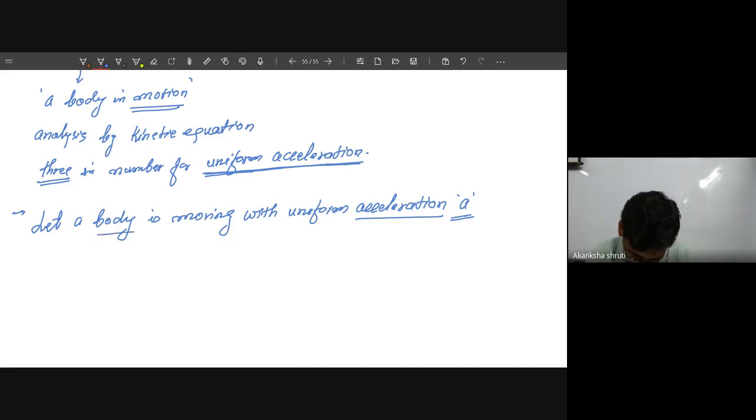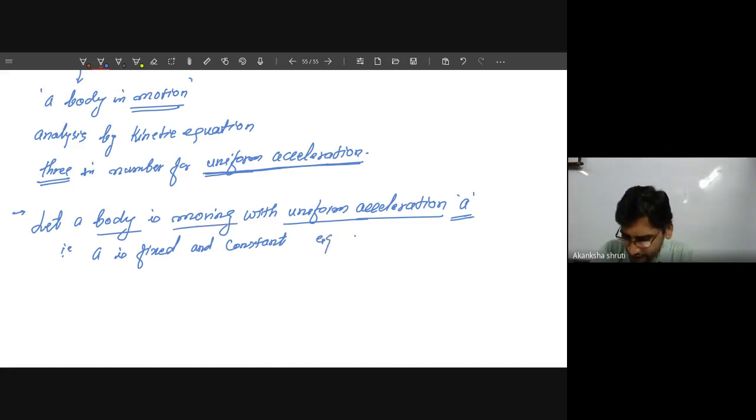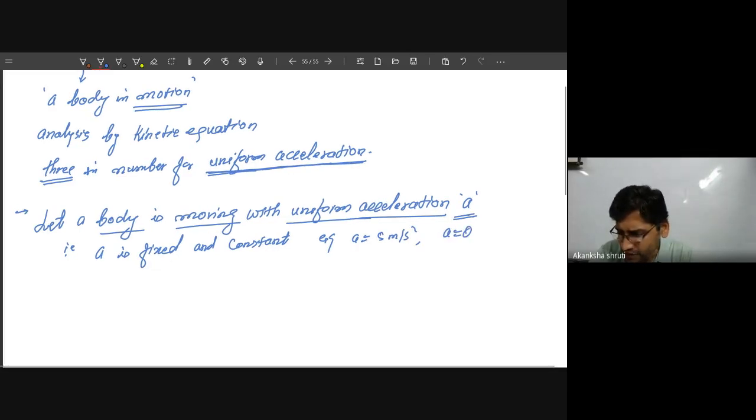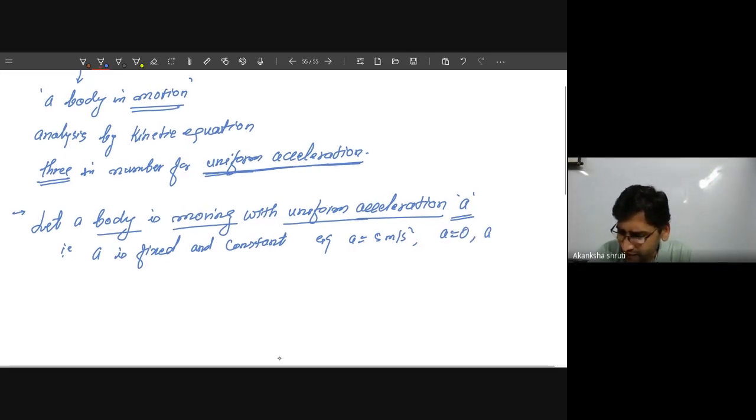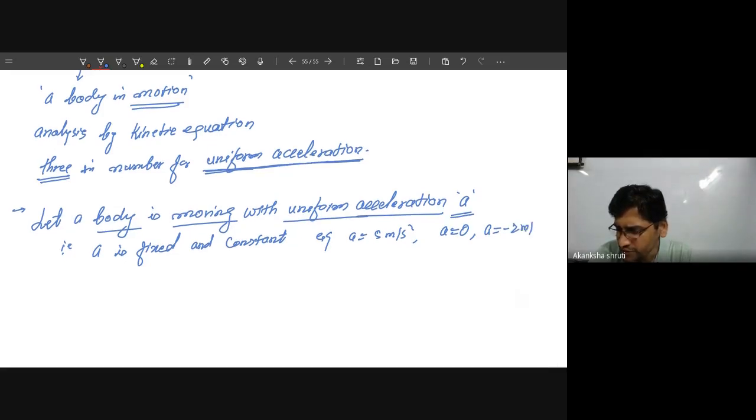So we are considering a body moving with uniform acceleration a. Means a is fixed and constant for a particular kind of motion. Example, a may be 5 meter per second square, a may be 0, a may be -2 meter per second square.